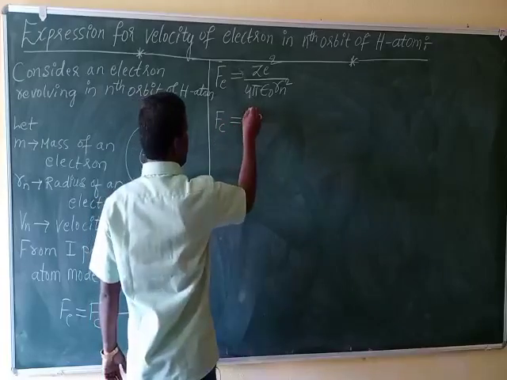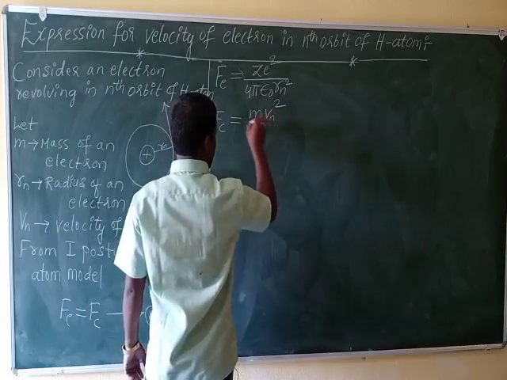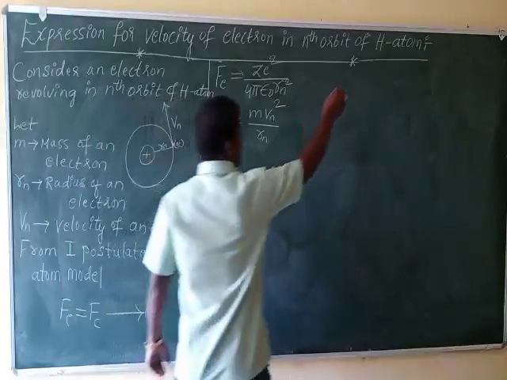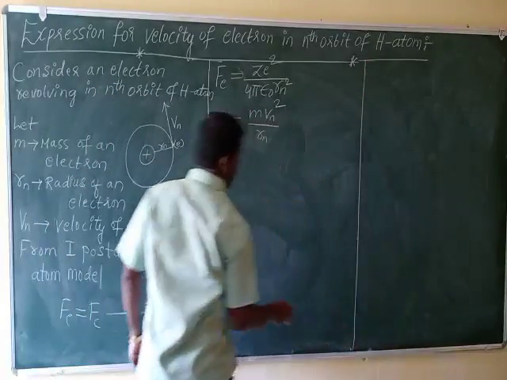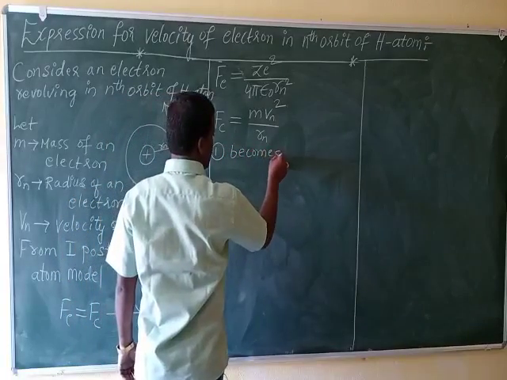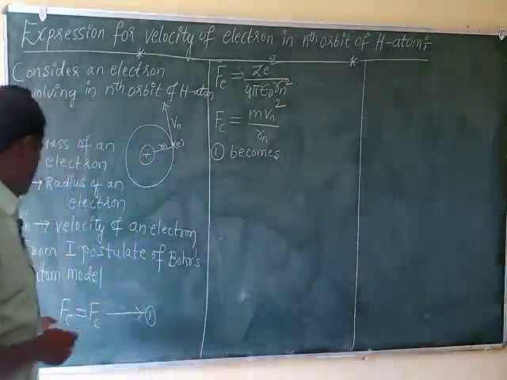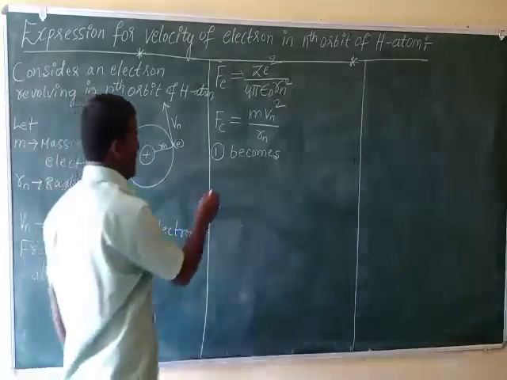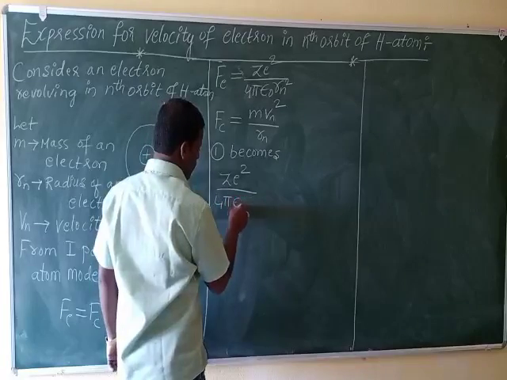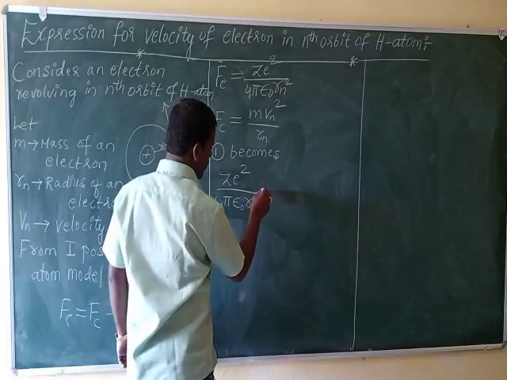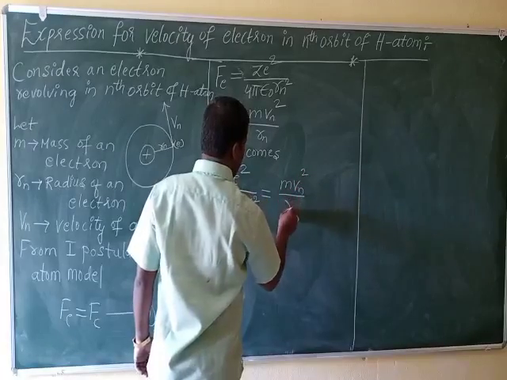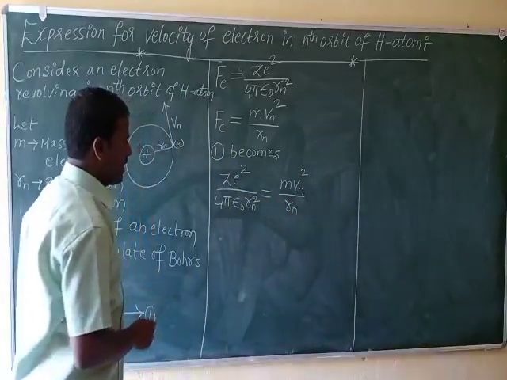Fc, the centripetal force, is m v square by Rn. So equation number 1 becomes Z square by 4 pi epsilon Rn square equals m vn square by Rn.